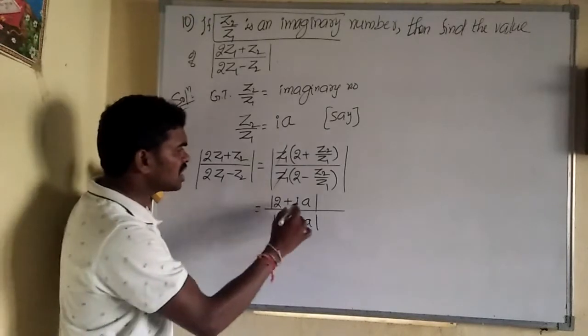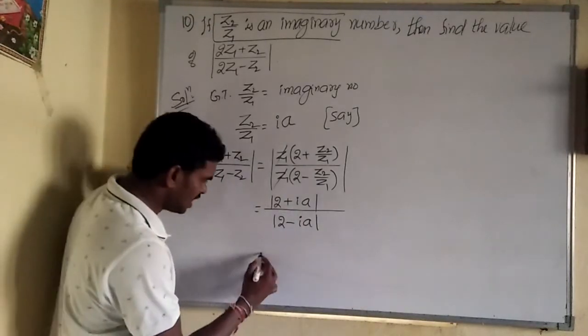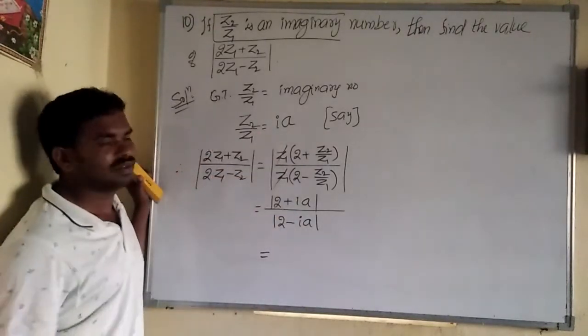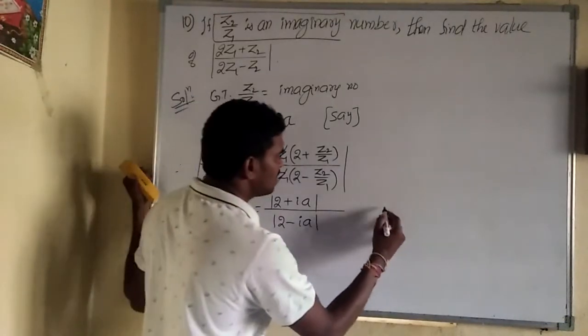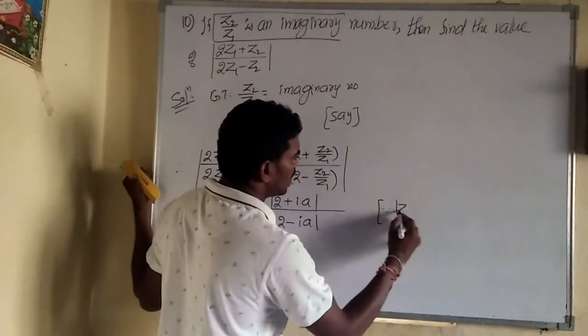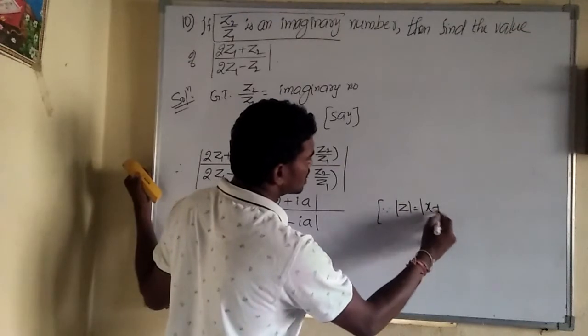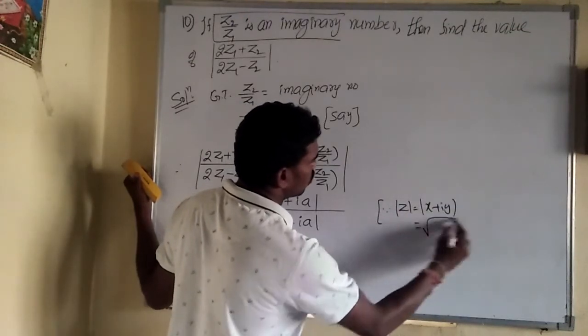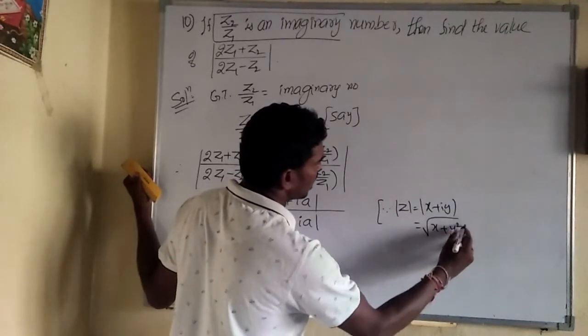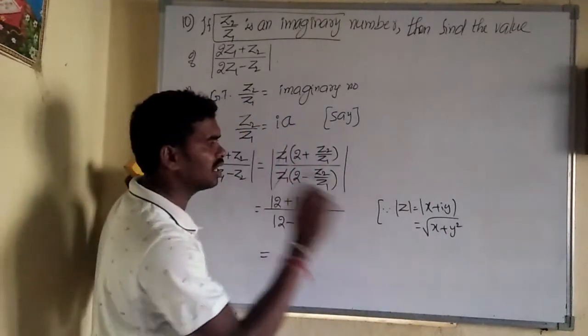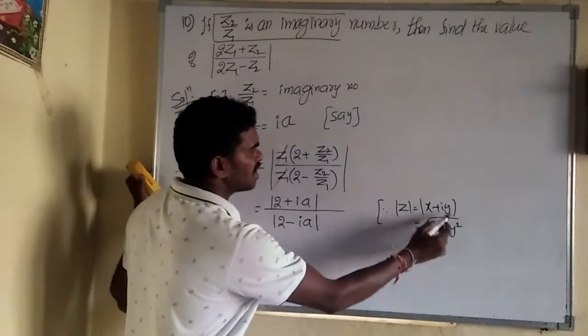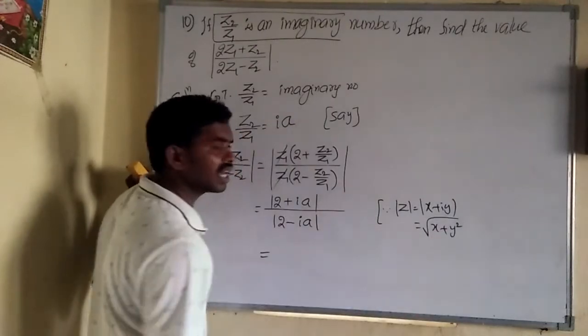Now, modulus of 2 plus ia means what? Yes, modulus z. See, modulus of x plus iy is nothing but root of x square plus y square. This is the formula: real part square plus imaginary part square. Don't include i.